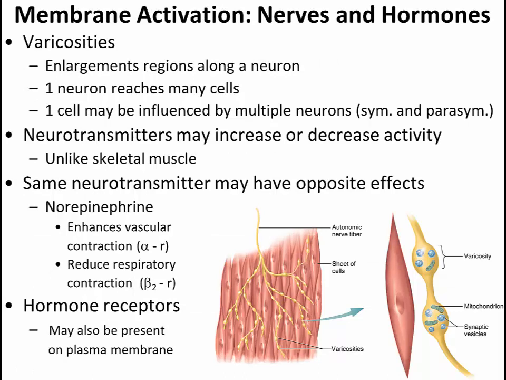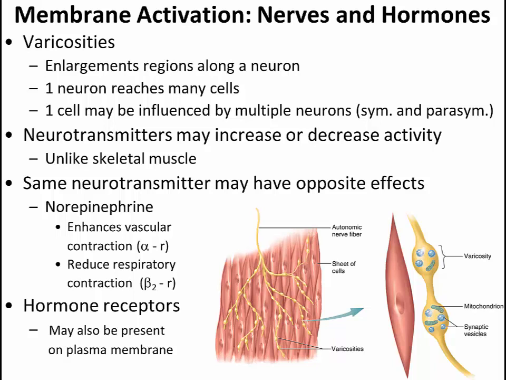The second factor that we see leading to smooth muscle contraction are nerves and hormones. The junction between nerve and muscle is very different in smooth muscle as opposed to what we observed in the case of skeletal muscle.